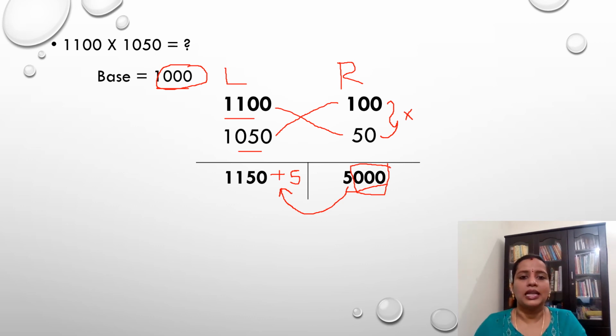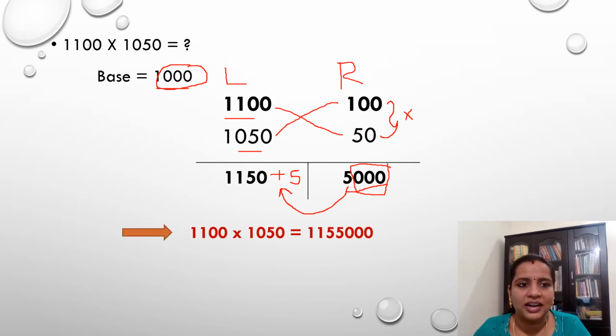So my LHS becomes 1,155 and my RHS becomes these three zeros. So 1,100 into 1,050 gives me 1,155,000. If you have more digits in the RHS, take the last digits and carry over the exceeding digits to the LHS and just add it.